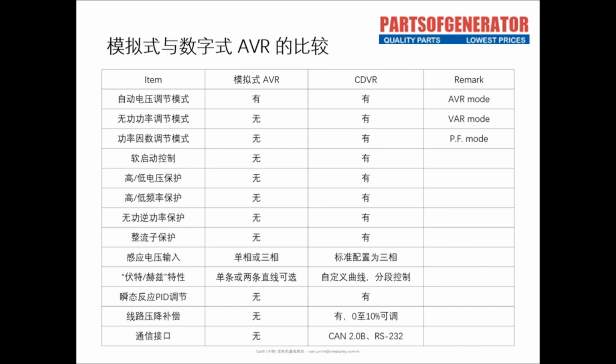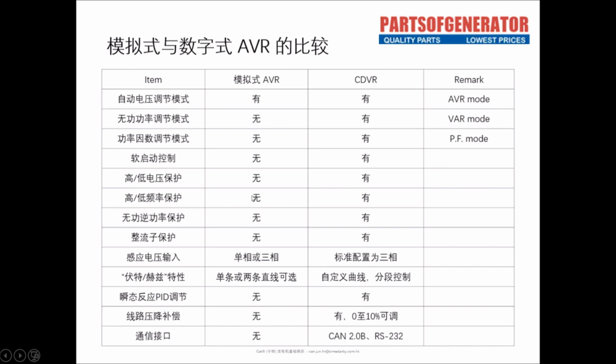Then the analog AVR can only have this automatic voltage adjustment mode, which is the voltage stabilization mode. If it is a CDVR, these three working modes can have several other control or protection functions. For example, soft start control.